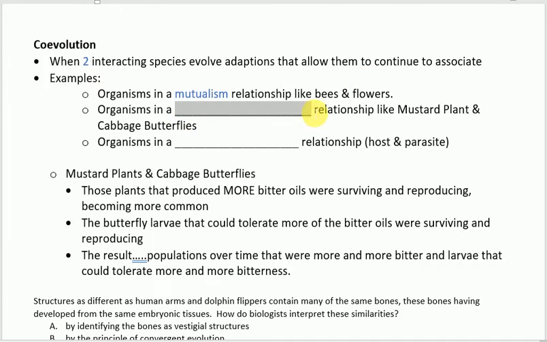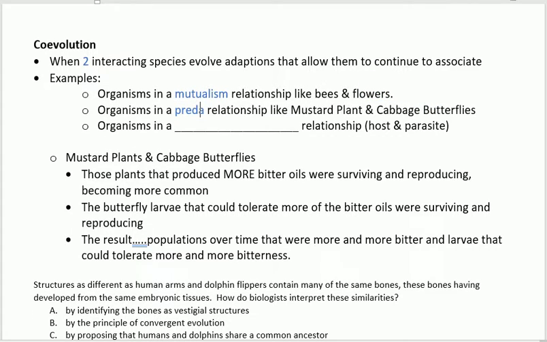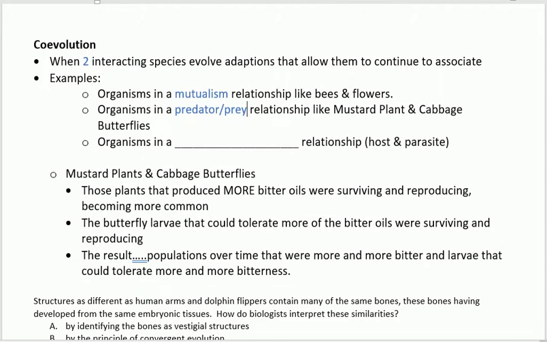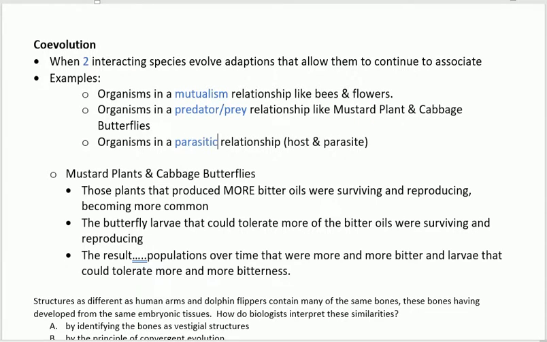We also have organisms that are in a predator-prey relationship, like mustard plant and cabbage butterflies. And we have organisms in a parasitic relationship.